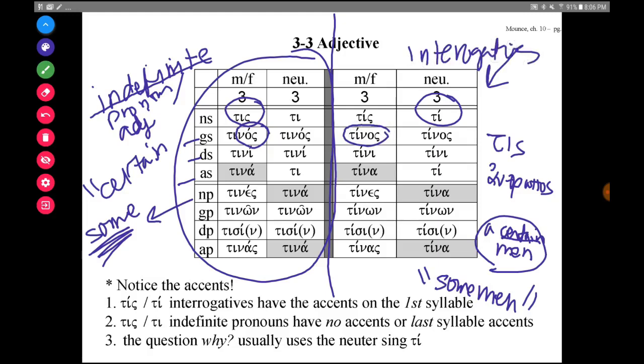And if they have no accent in the single syllable words, or the accent's on the second syllable, the final syllable, not on the first, then you're going to translate it as indefinite pronouns and adjectives, a certain for the singular forms and some for the plural forms.